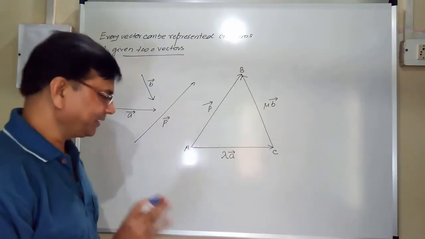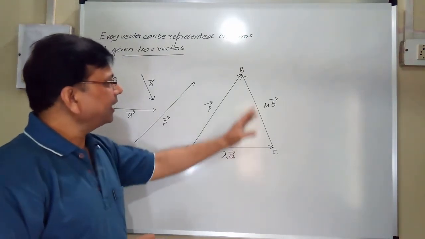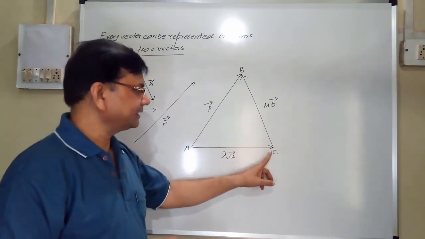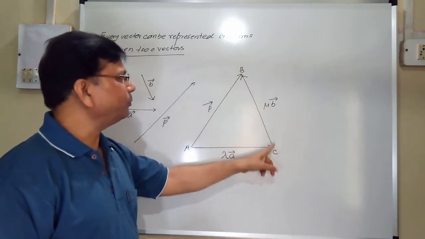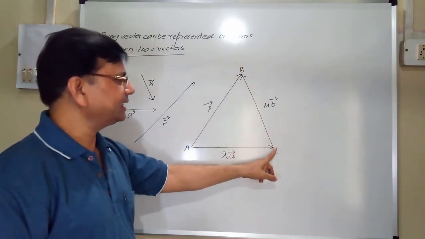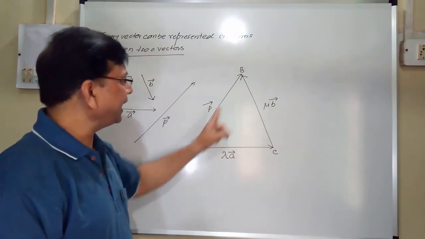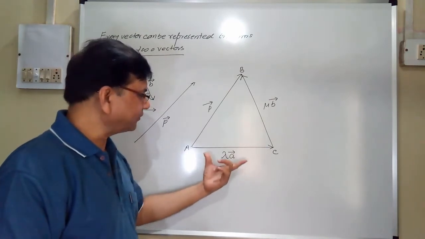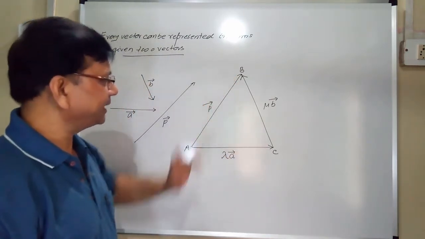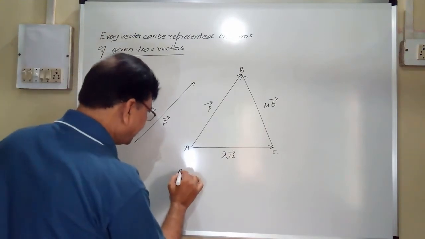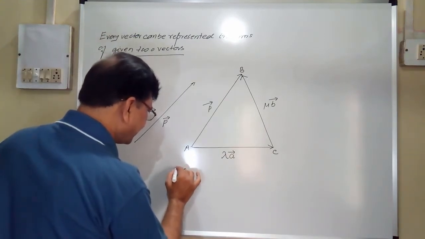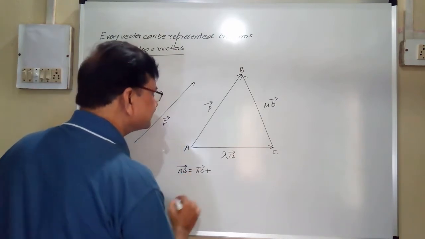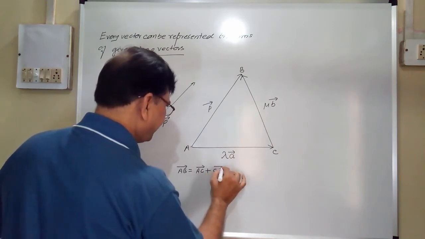Right? Is it clear? Now, if we see the triangle law of vector addition, then AC is a vector, it is this, mu B is another vector, tail is here, right? So the vector AB is the sum or addition of the vector AC and CB. We can write AB vector is equal to AC vector plus CB vector.